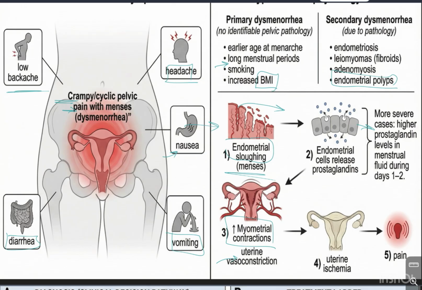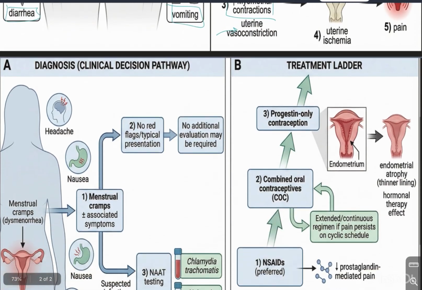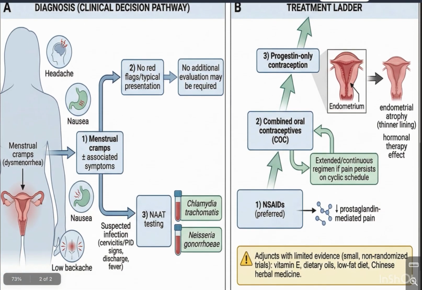For the diagnosis, we need to determine whether it is primary dysmenorrhea or secondary dysmenorrhea. If the patient has menstrual cramps and there is no associated symptom and no red flag, actually no evaluation may be required. But if the woman has menstrual cramps and it's suspected to be secondary dysmenorrhea rather than primary, with symptoms coming later in life, and there is risk for pelvic inflammatory disease, we will take a nucleic acid amplification test.